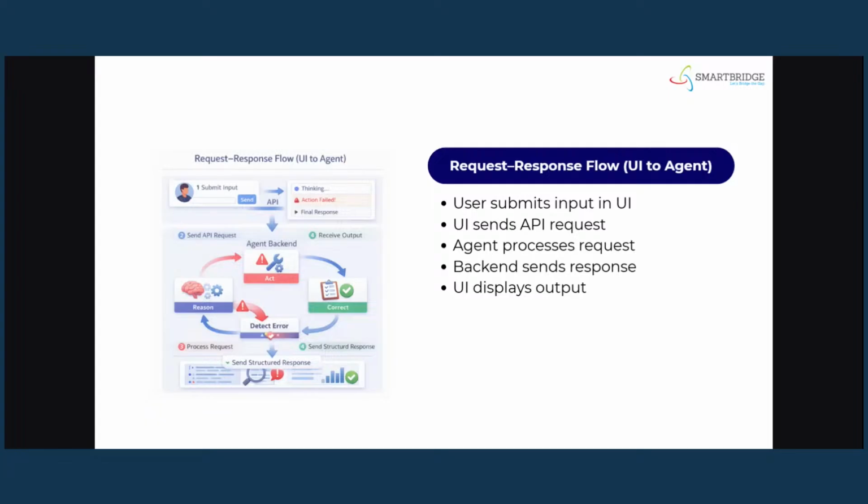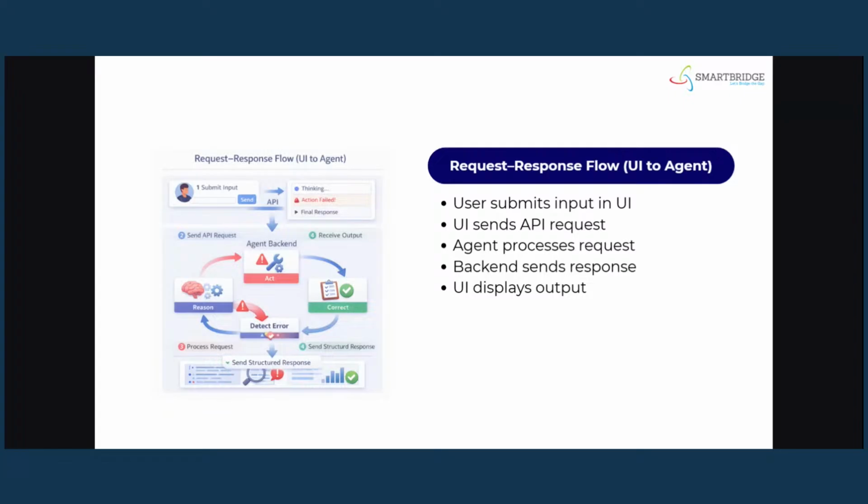This request includes structured data, so the backend knows exactly what the user is asking. Once the backend receives the request, it passes it to the AI agent. The agent then reasons about the input, plans what needs to be done, and decides whether it needs to call tools, fetch data from the database, or perform an action.